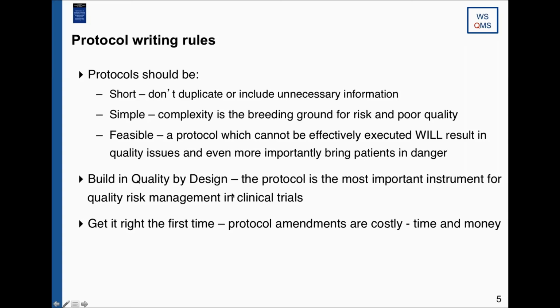Building quality by design into the protocol, as I said earlier, is the most important instrument for quality risk management in clinical trials. Try to get it right the first time. Coming to metrics, there's one metric that has not much to do with oversight and risk-based monitoring.